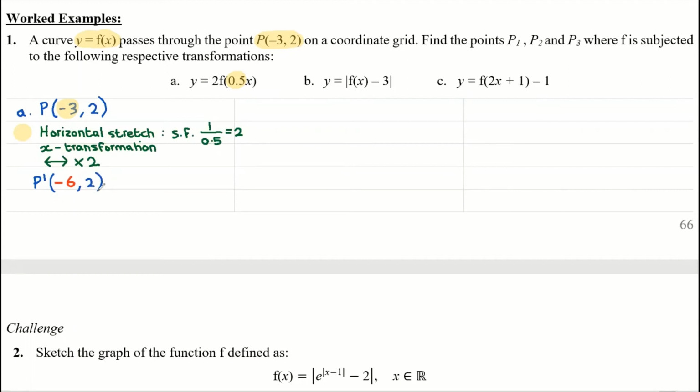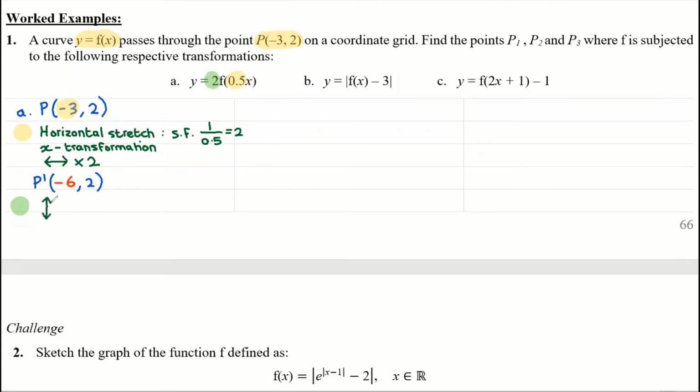Okay, so that's the first thing. Now the next up, we're going to have a look at the second transformation, which is on the outside. So this is affecting the y direction. So again, I'll put a little green blob here just to explain what's going on. And just as a shorthand, we know this is a y transformation because it's on the outside of the function. Okay, so it's going to be in that direction.